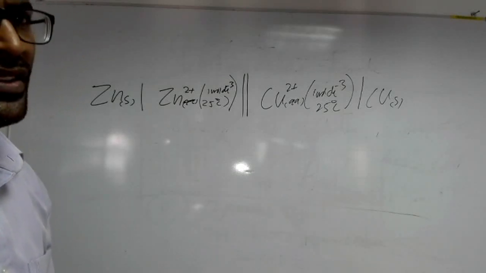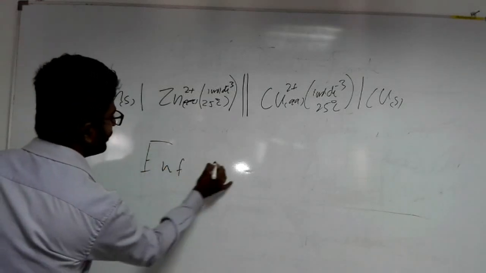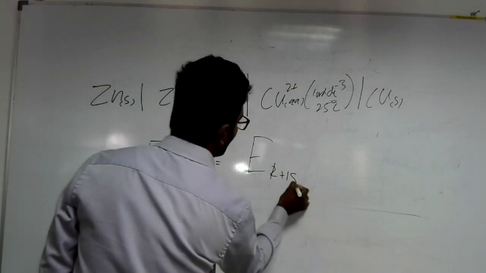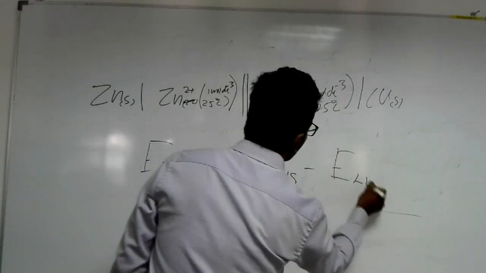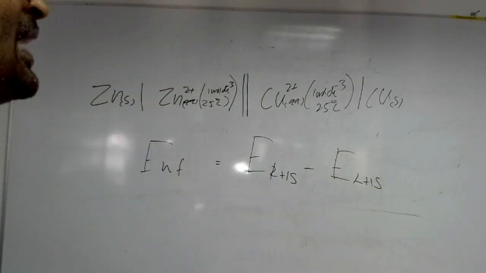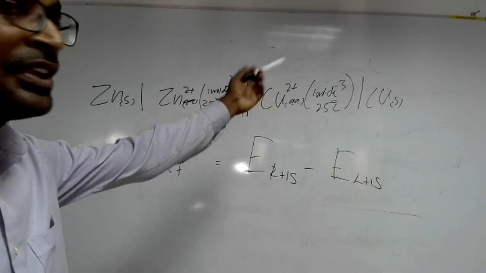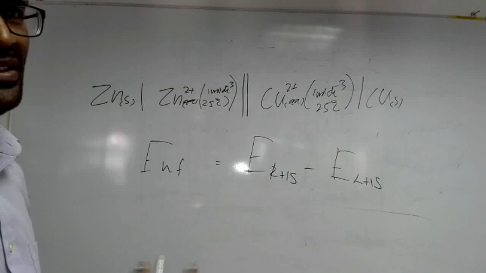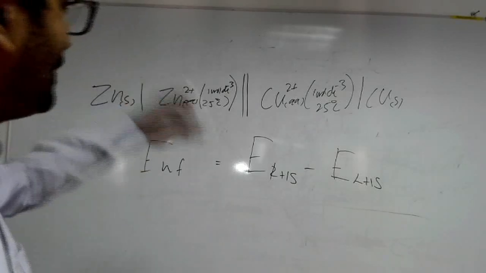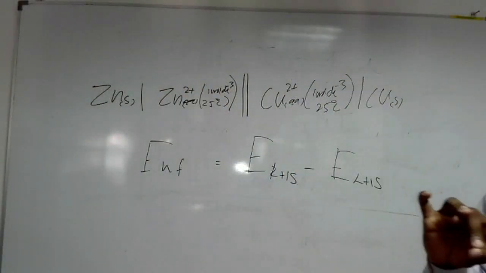There is another equation: EMF equals E of the right-hand side minus E of the left-hand side. Nothing special, you only need to know the electrode potential values, the same as before. Using this you can identify the oxidation part, reduction part, and overall reaction.